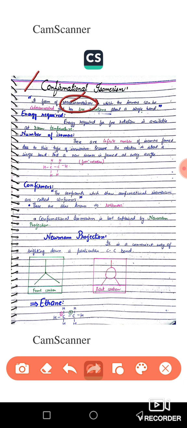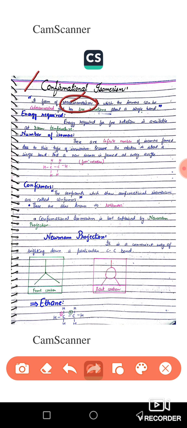The isomers can be interconverted just by free rotation about the single bond. This is a type of stereoisomerism which is composed of single bonds.